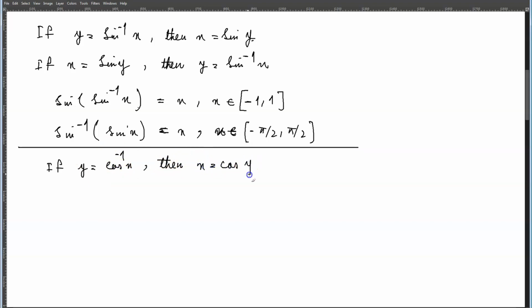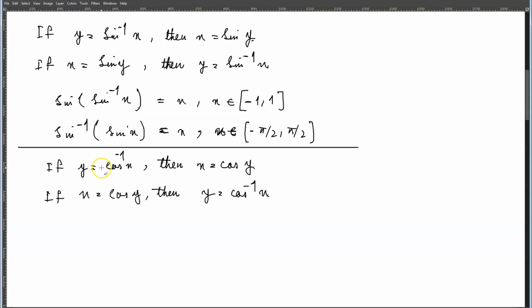And also if x is equal to cos of y, then y is equal to cos inverse of x. Meaning that x is a ratio, and if I give this ratio to the cos inverse function, it gives me the angle that I gave to the cos function in order to give me that ratio, right? And so on and so forth.